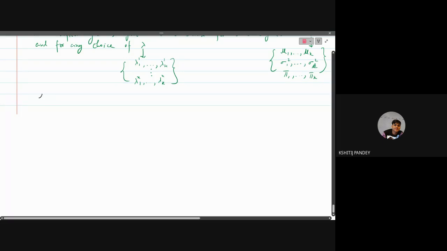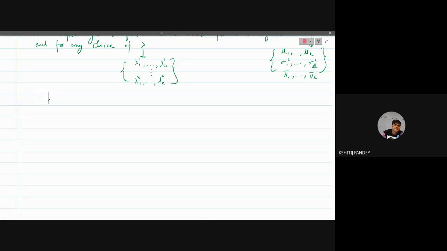So the question is, how can we find theta and lambda from the modified log likelihood?